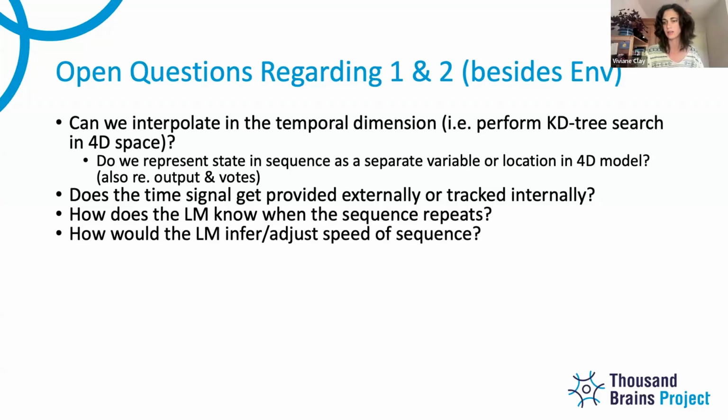I think we already have a fairly concrete proposal about that. I just included it here because I didn't include it in the changes to Monty. But what I was thinking is that whatever temporal offset the learning module notices between one state and the next state will be the speed it communicates back to the global clock.